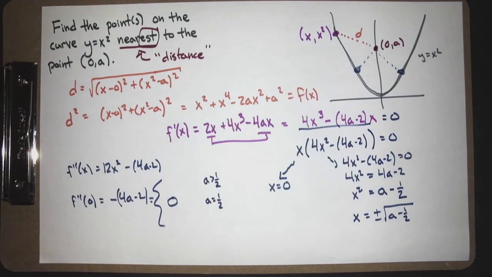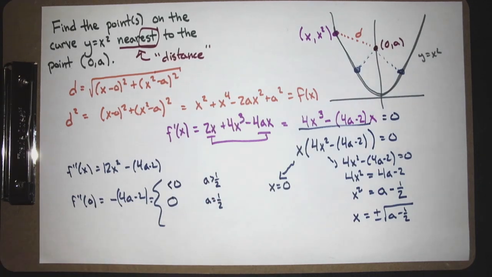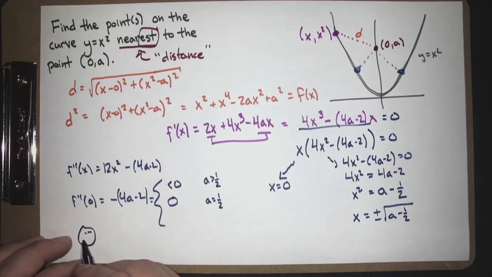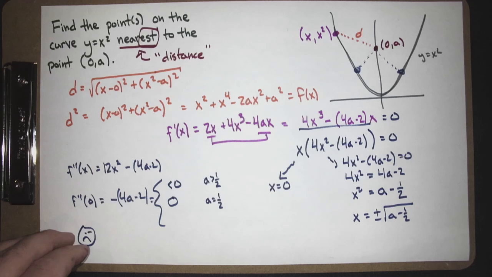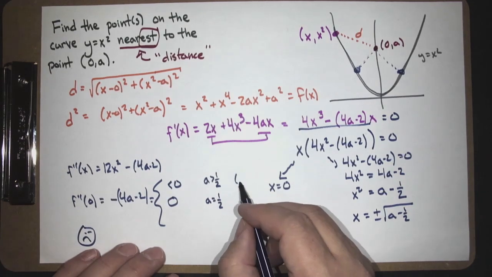It's negative. Now, if the second derivative is negative, what does that tell us? It's a frowny face, right? If it's a frowny face, that means we are a max.